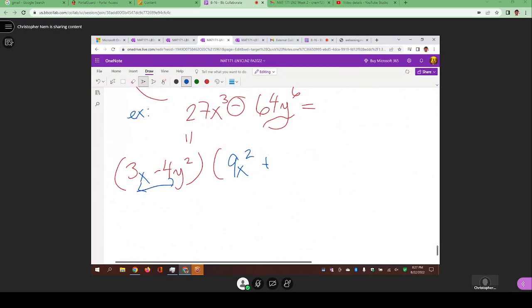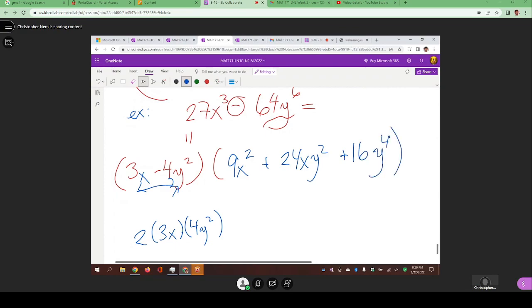So that's going to be 2 times 3x times 4y squared, which gives us 24xy squared. And then the last part is going to be plus whatever this is squared, which is 16y to the 4th. Boom.